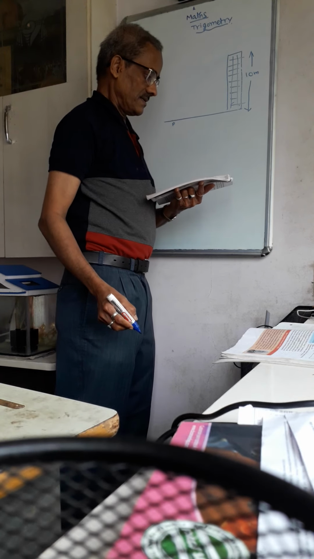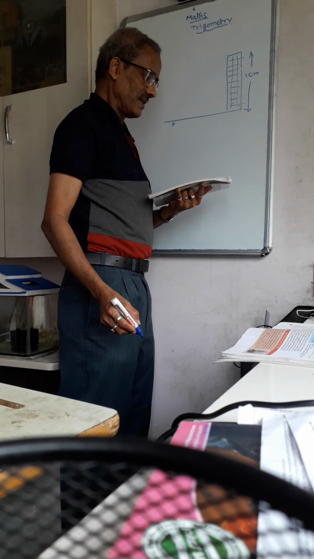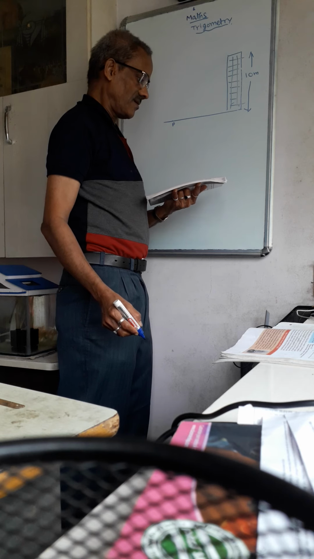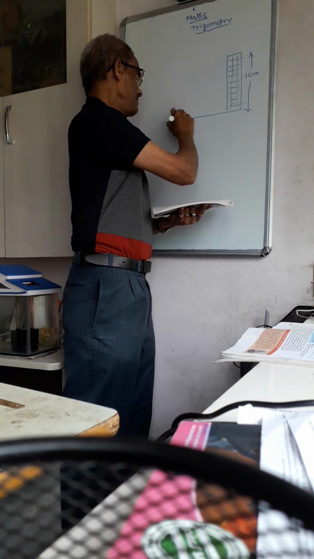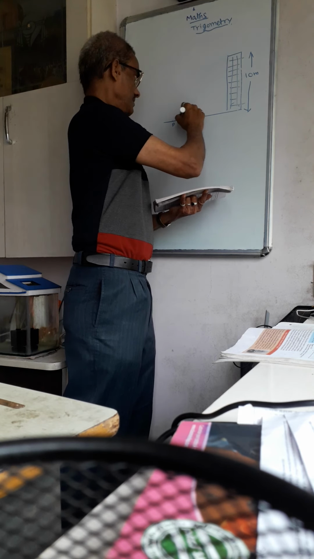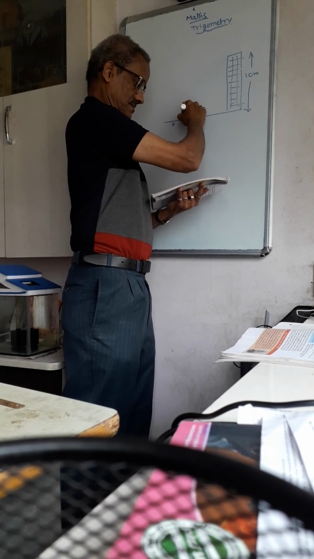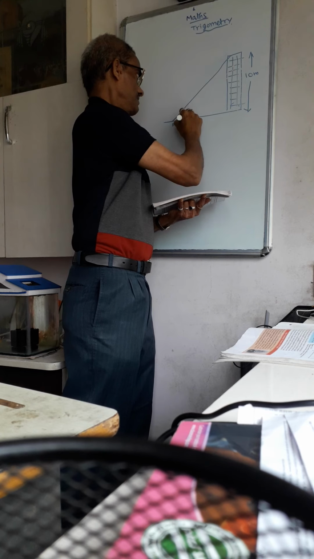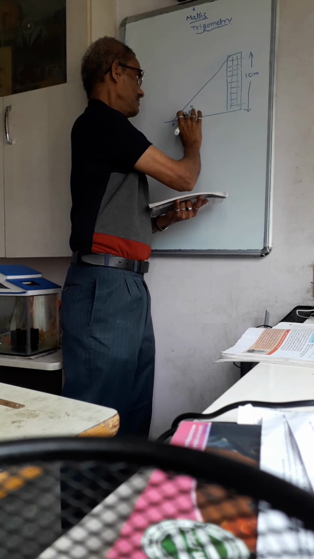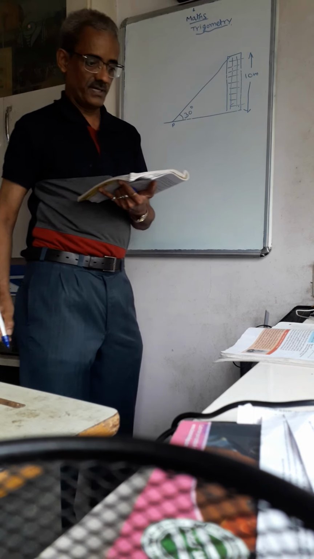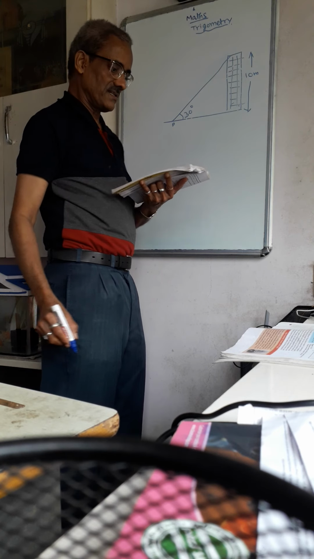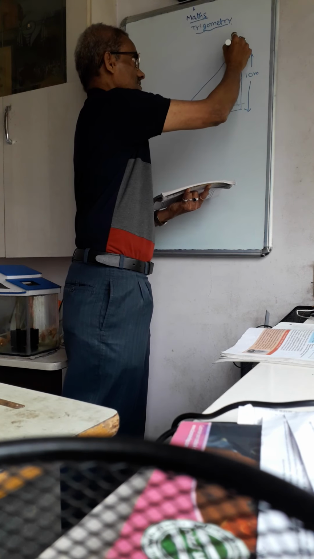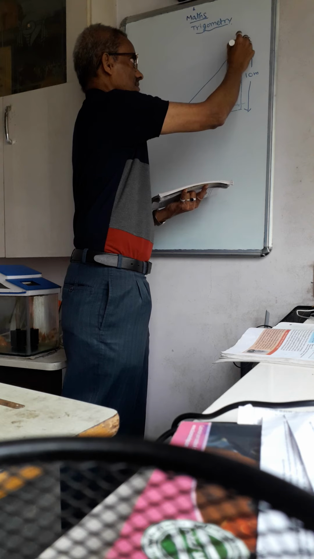The angle of elevation of the top of the building from the point P is 30 degrees. Now a flag is hoisted at the top of the building, let us say our national flag.